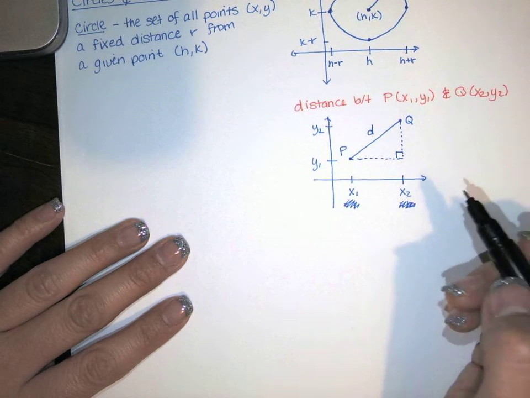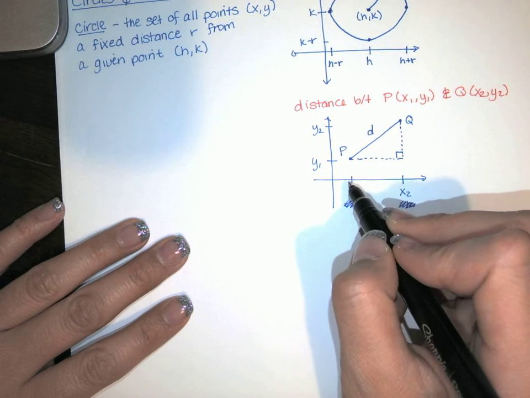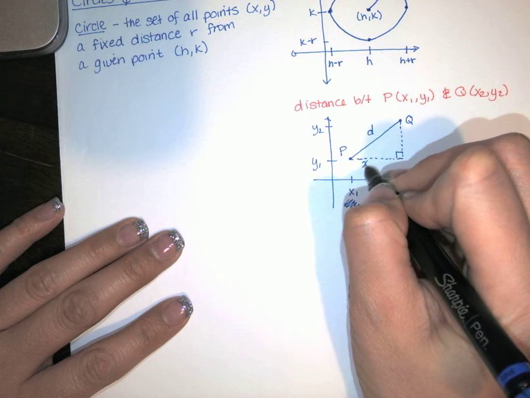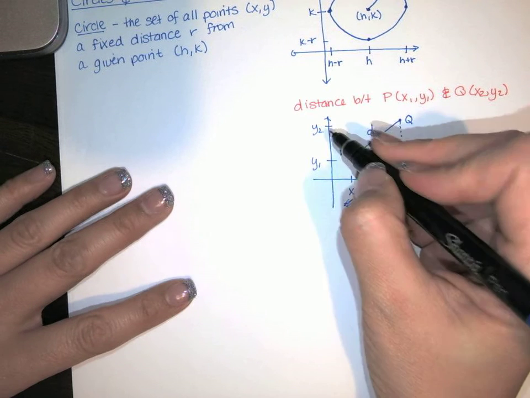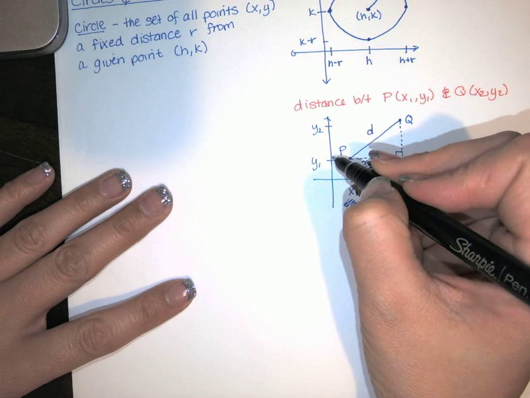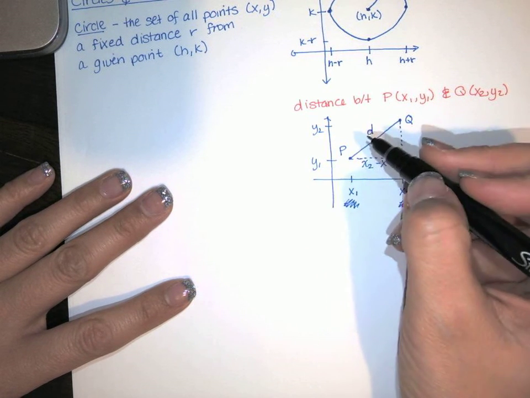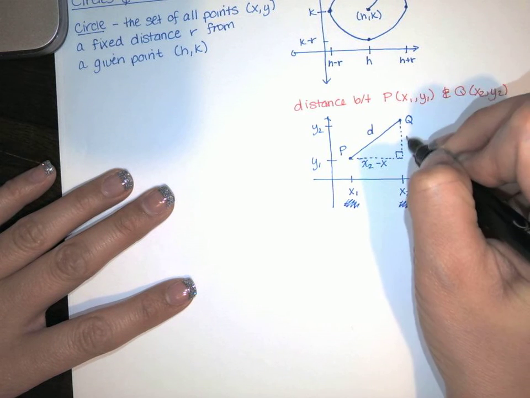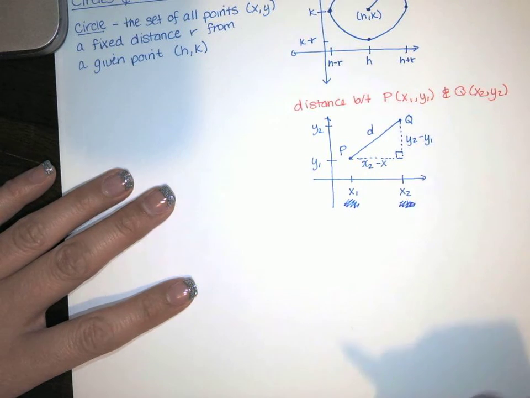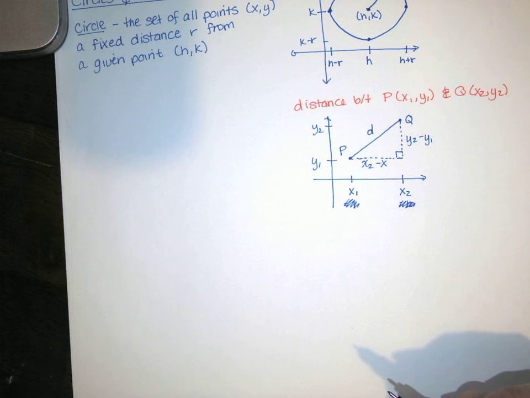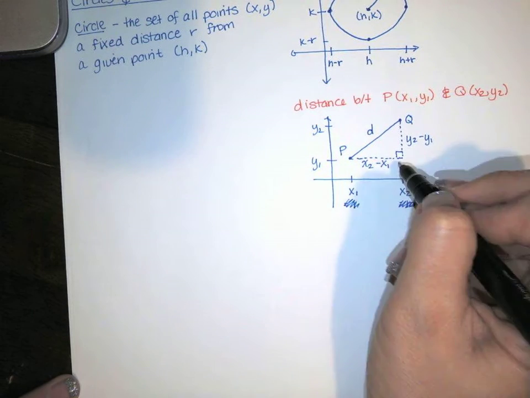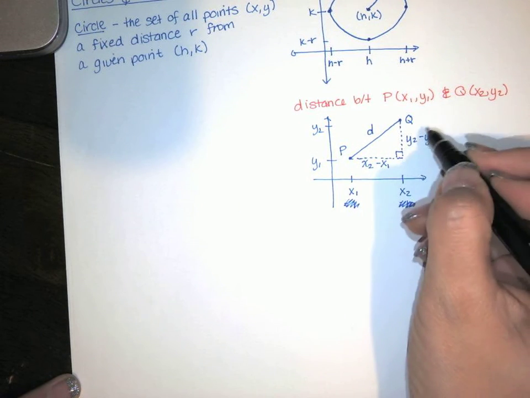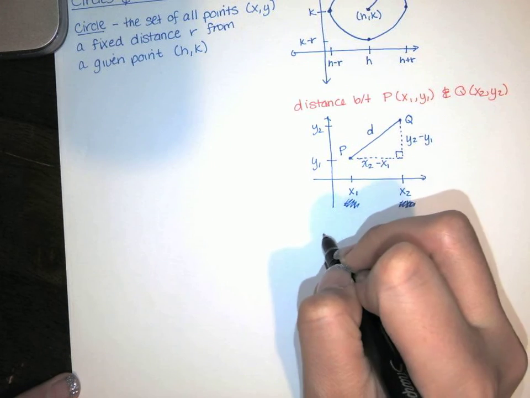That's always going to be the same. If I take this x value and subtract this x value, that'll be that distance right there. And if this was 4 and that was 2, the difference between those would be 2. So this distance is just that y value minus that y value. So we're going to have y2 minus y1 there. So according to the Pythagorean Theorem, this leg squared plus this leg squared equals the hypotenuse squared.